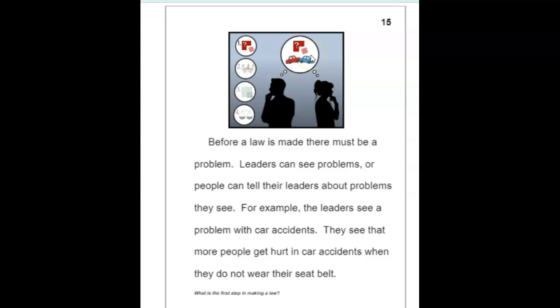They see more people get hurt in car accidents when they do not wear their seatbelt. My question was, what is the first step in making a law? Has anyone determined what the answer is?